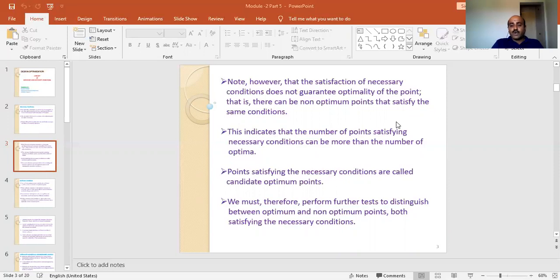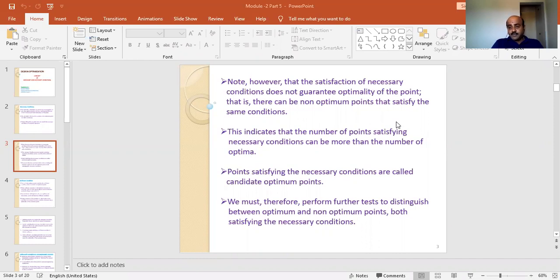Finally, what we can conclude here is that there will be two types of points: optimum as well as non-optimum. Both optimum and non-optimum points will satisfy the necessary condition. This indicates that the number of points satisfying the necessary conditions can be more than the number of optima.